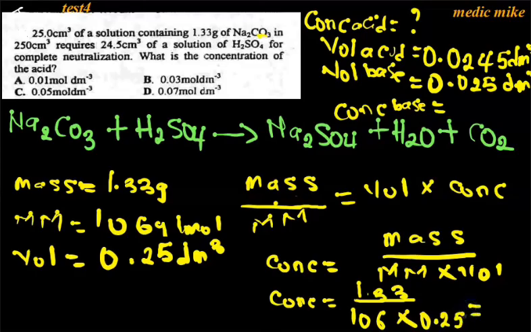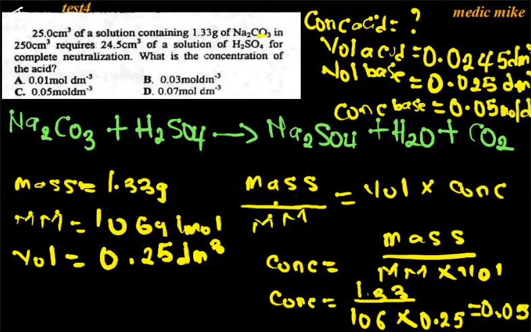And when you punch that in your calculator, you'll be having 0.05 mole per dm³. So we'll just come over here and write the concentration of the base as 0.05 mole per dm³.